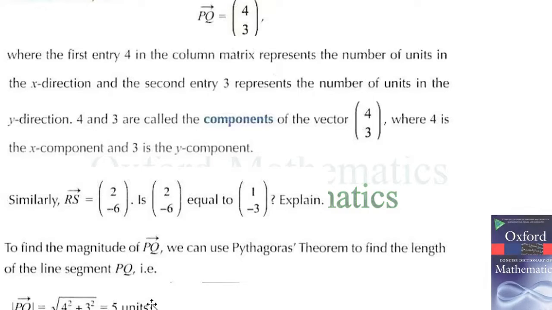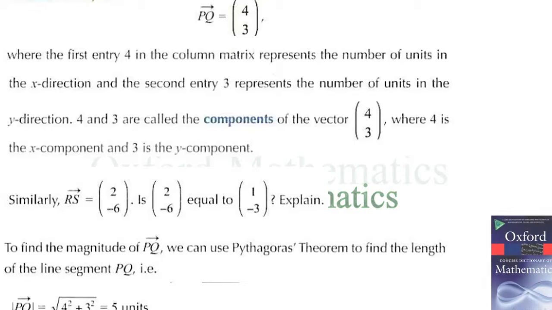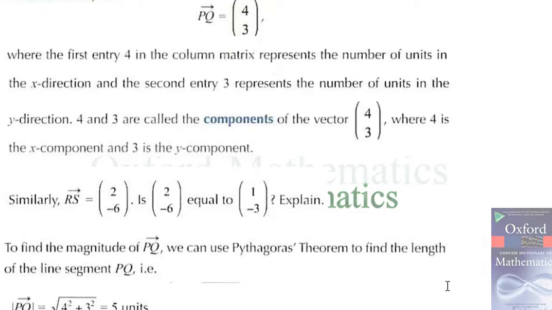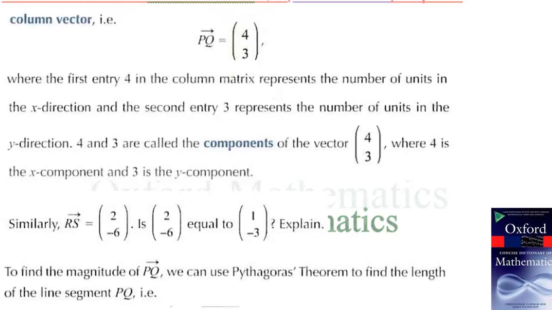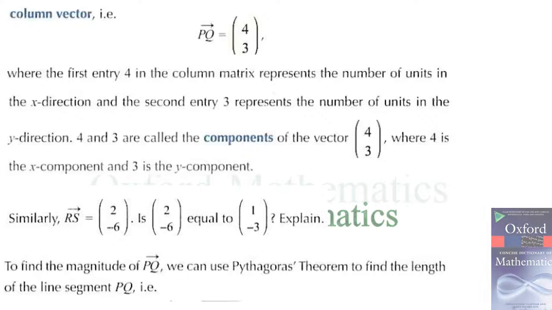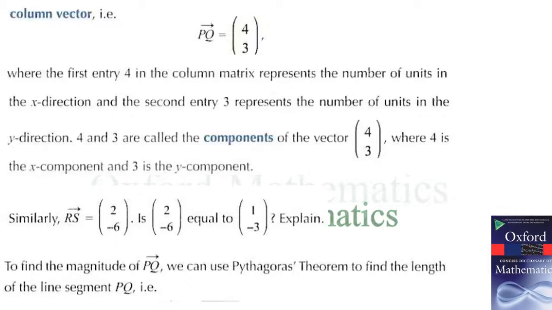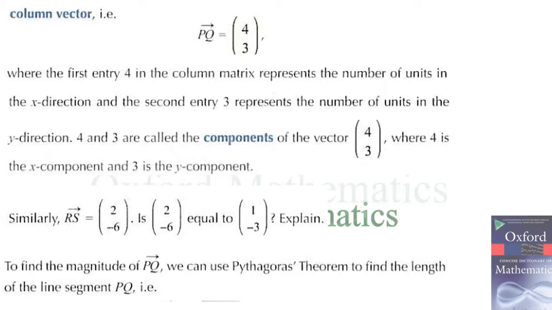And similarly, the magnitude of RS. The components of RS are 2 and minus 6. The square root of 2 squared, which is 4, plus 6 squared, which is 36.